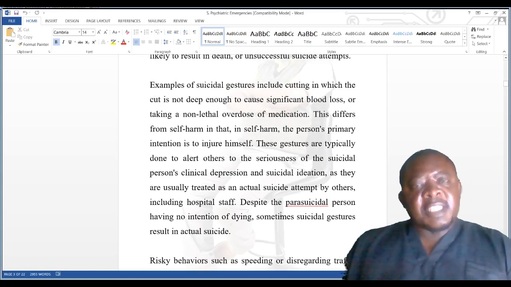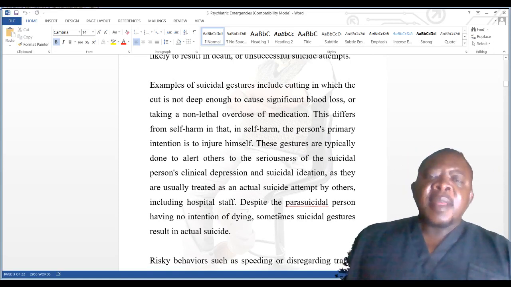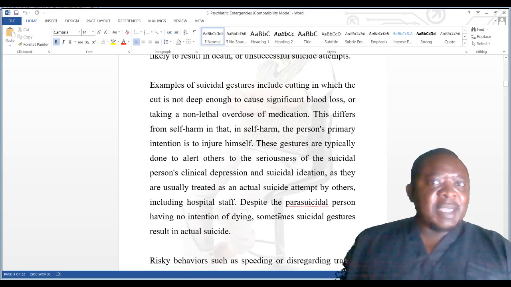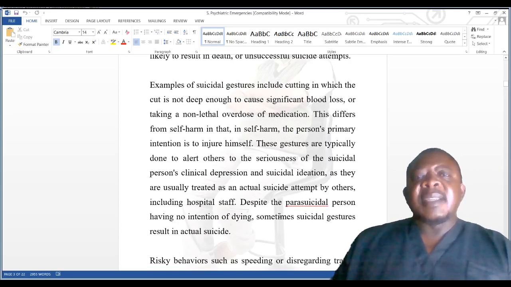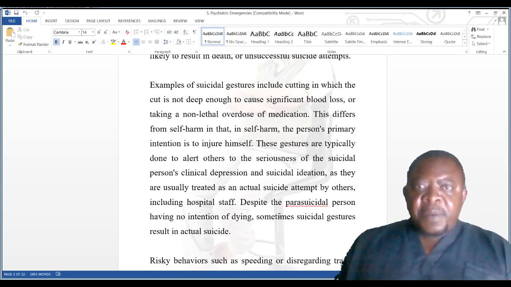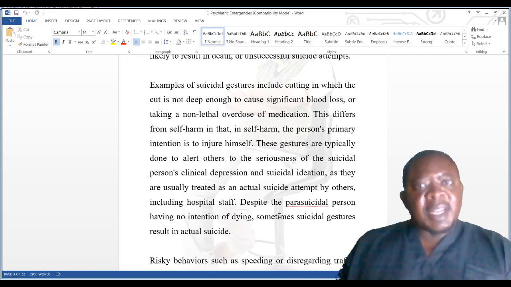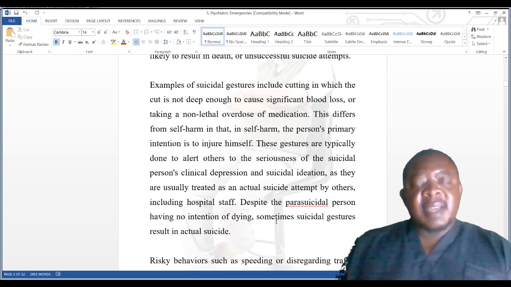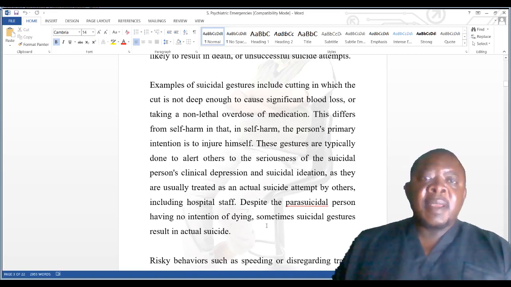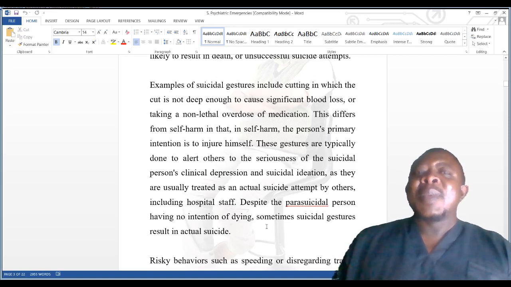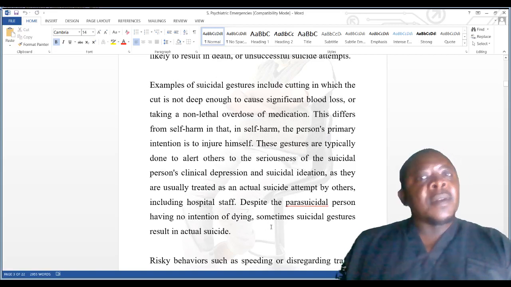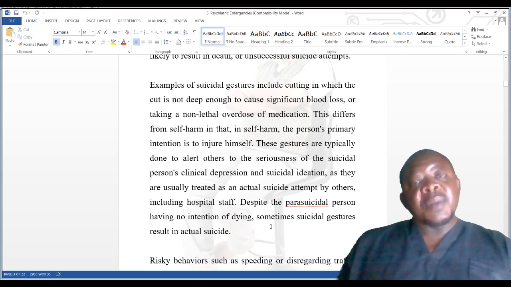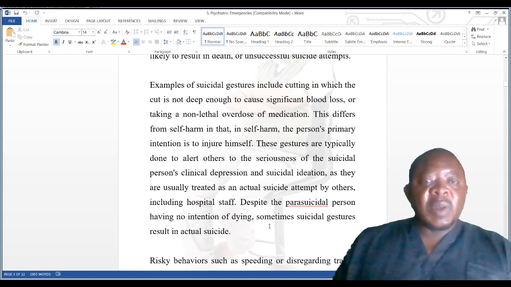Within this piece of information that we are giving out, we are saying there are many ways in which people try to take their lives, and it is not in each and every way that a person decides to take that they may be successful with their suicide attempt. In parasuicide, we are looking at a person that engages in these risk behaviors, not with the intention that they will kill themselves, but it may result in death.